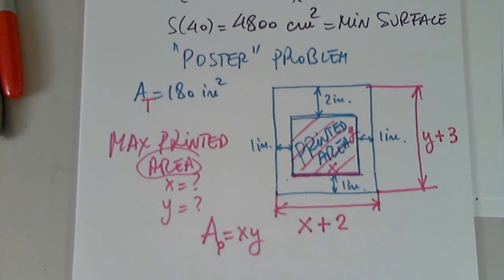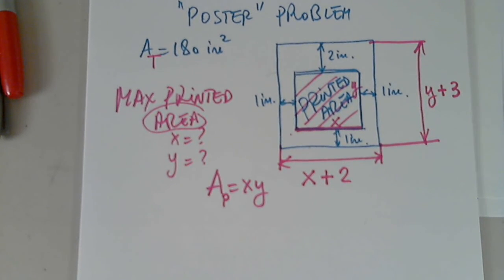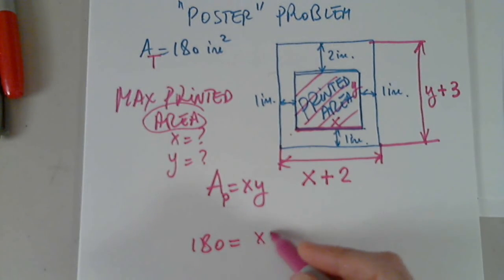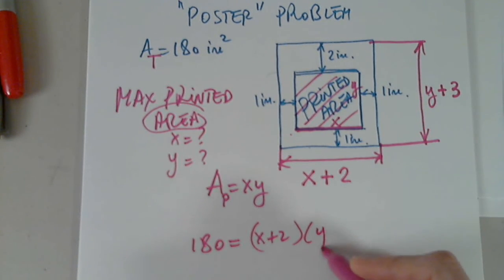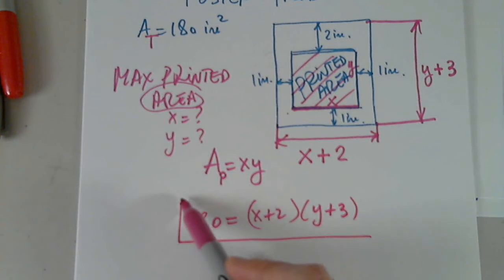Excellent. Okay. So the total area, which is 180, is the same as X plus 2 multiplied by Y plus 3. Do you agree so far with this?